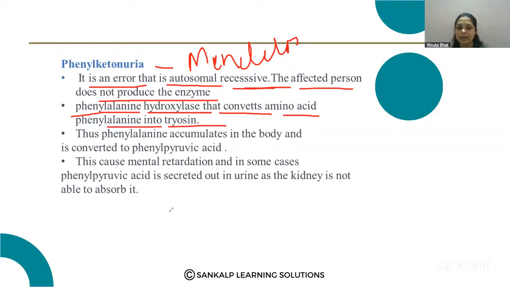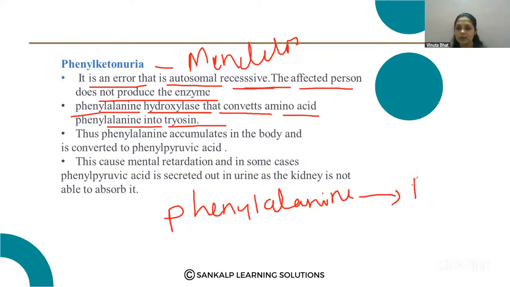So the amino acid phenylalanine is converted into tyrosine in the presence of the phenylalanine hydroxylase enzyme.